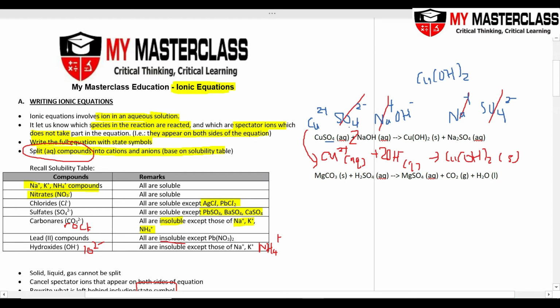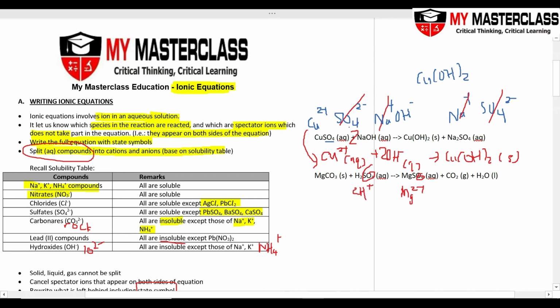Same idea, magnesium carbonate and sulfuric acid. Split the aqueous. So I can cancel my sulfate. My magnesium carbonate is solid, so you don't split it into Mg2+. This one you cannot split. The Mg2+ part is what's left. 2H+ is left here.